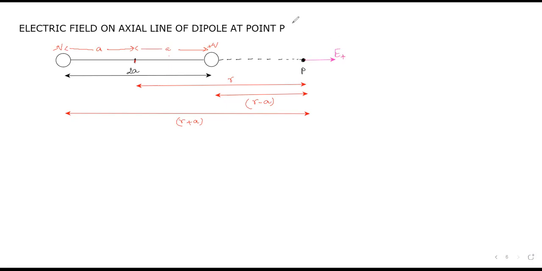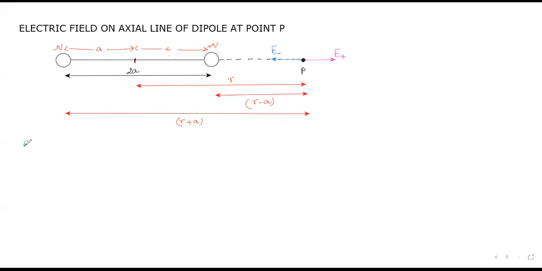And the electric field due to the negative charge will be in this direction. Am I right or not? Why? Because the direction of the field due to the positive charge is always away from the charge, and the field due to the negative charge will be towards the charge. Are you clear? So this is the field due to these two individual charges.